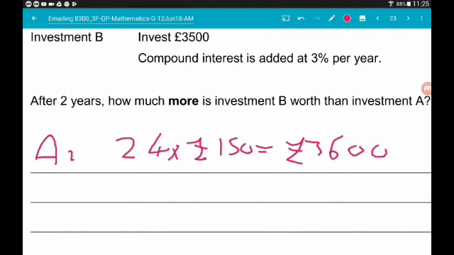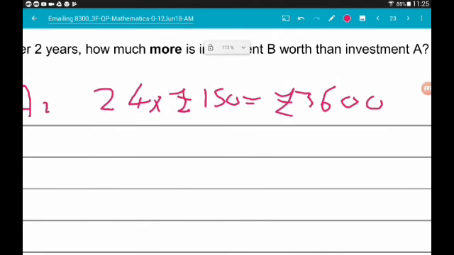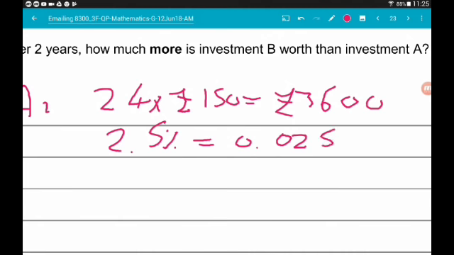3,600. So we've saved that, and now we get paid 2.5% interest on £3,600. So the way that I'm going to do this is by decimal multipliers, because it's good practice. So 2.5% as a decimal is 0.025.